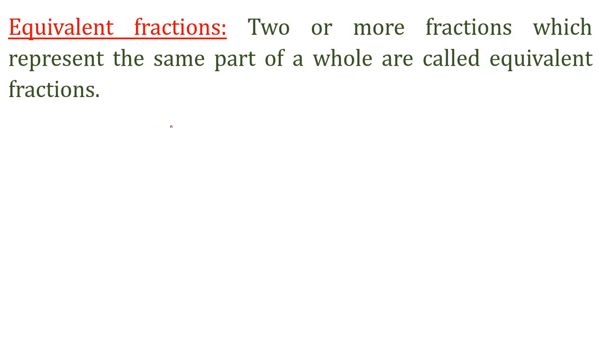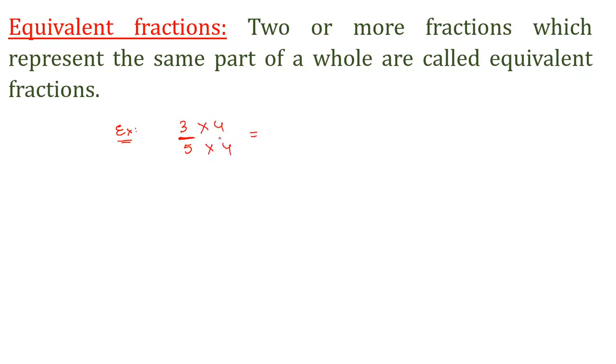You can find it. Observe here, two or more fractions which represent the same part of a whole are called equivalent fractions. For example, I am taking here 3 by 5. Simply you can tell this definition in the form of like this also. If you multiply or divide both numerator and denominator with the same number, take for example I am taking 4 here.